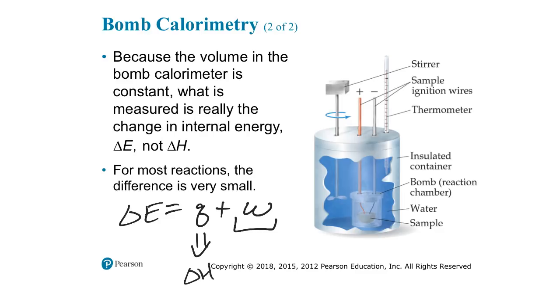So there is a small work change that takes place during these reactions, from the very minuscule amount of pressure change that accompanies reactions that either generate or consume gas.